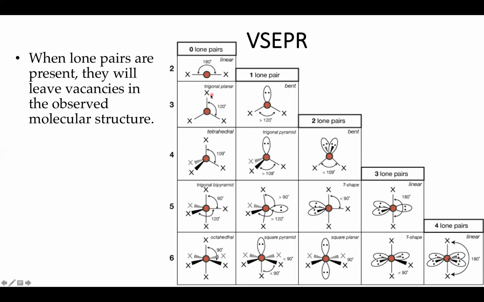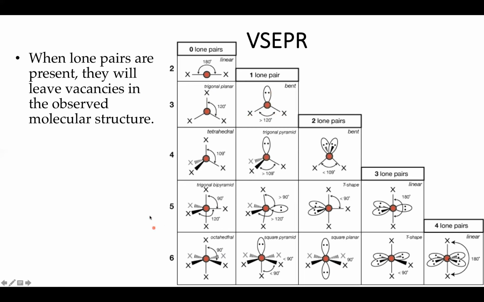However, let's say I have something like ozone, which has a lone pair instead of another atom. Well, at this point, I don't see that lone pair, and all I see is these 2 different atoms, and it forms this bent structure. And if I have 2 lone pairs, well, then congratulations, I'm still linear because I'm only seeing this 1 coordination.